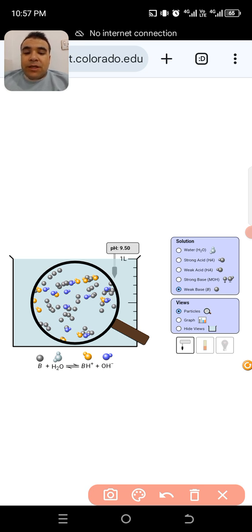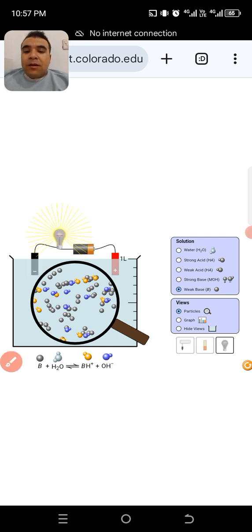In terms of conducting electricity, it's not a good conductor of electric current because it has a low concentration of ions in its solution. So these are simply the acids and bases, strong acids and strong bases with weak acids and weak bases, in terms of pH, the colors, hydronium and hydroxide concentration, and the conducting electric current properties.